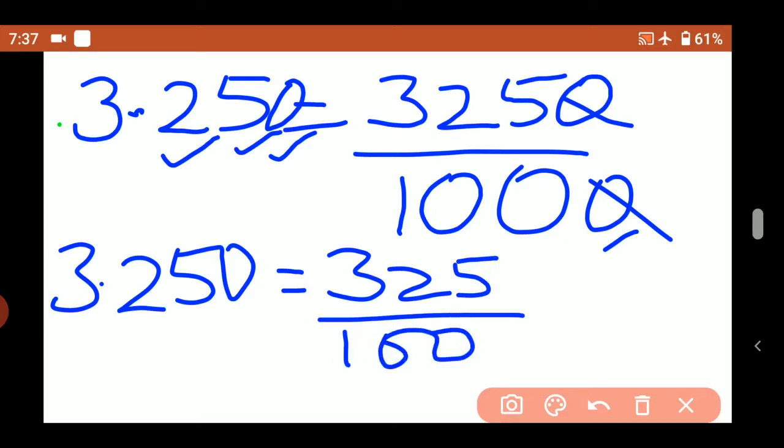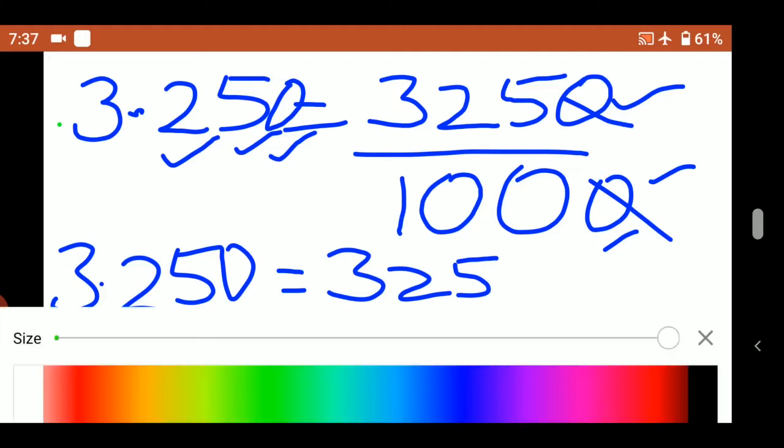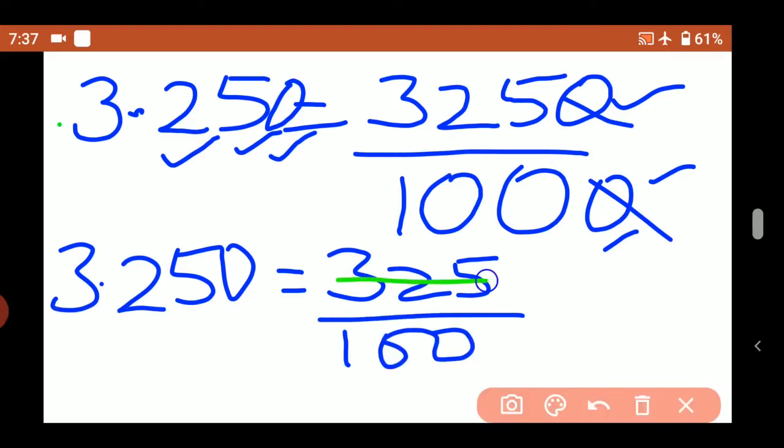So this is not wrong, because zeros in the decimal places at the extreme right don't have to be written or can be written. That's not going to change the value. As you can see, it got cancelled. So if you write, if you don't write, both are okay. Because even if you write and when you go to convert it to lowest term, you will be cancelling it out. So here this is not in the lowest term. So we need to convert it to the lowest term.